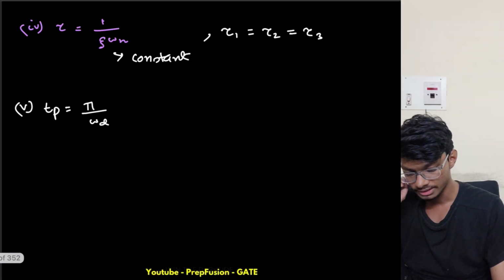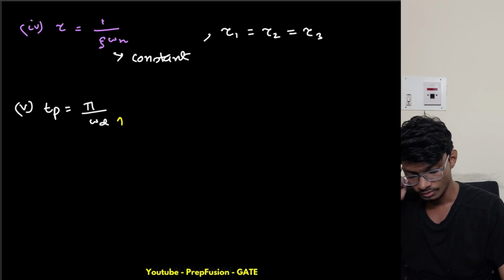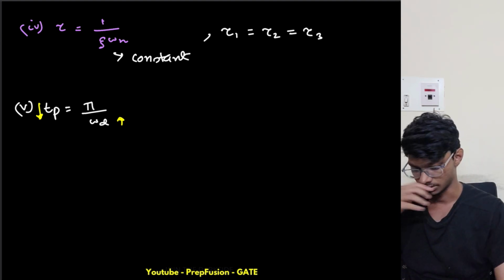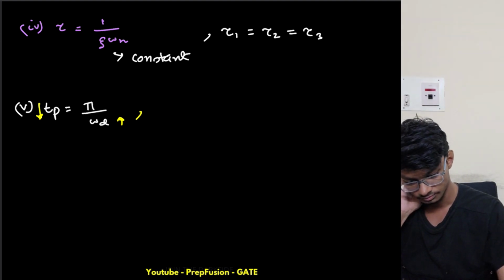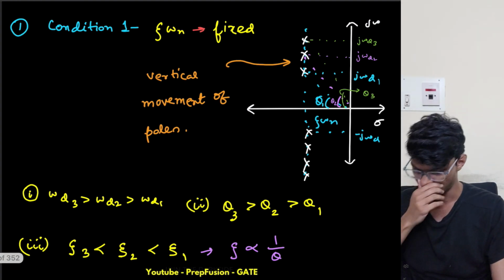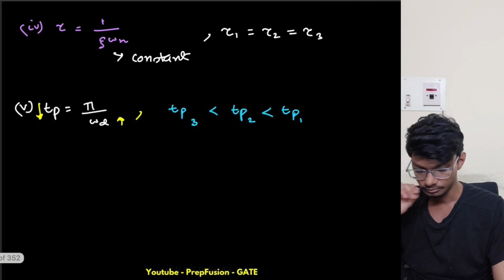So if my omega d is increasing, then my peak time will reduce, right? So with each pole my peak time is reducing. So TP3 will be less than TP2 will be less than TP1. Okay, so that is basically my peak time.